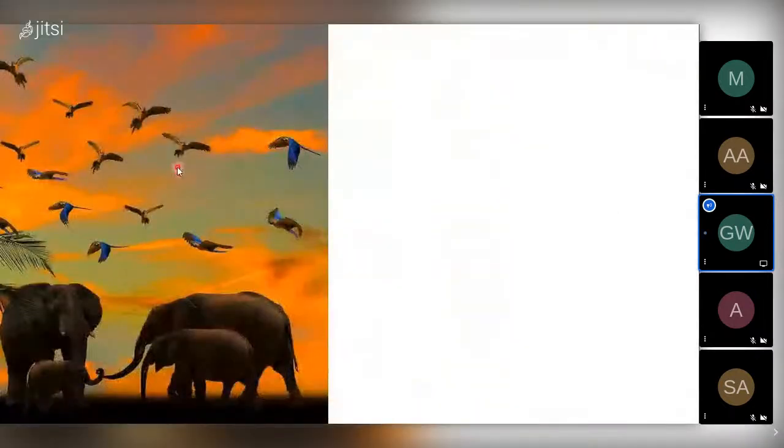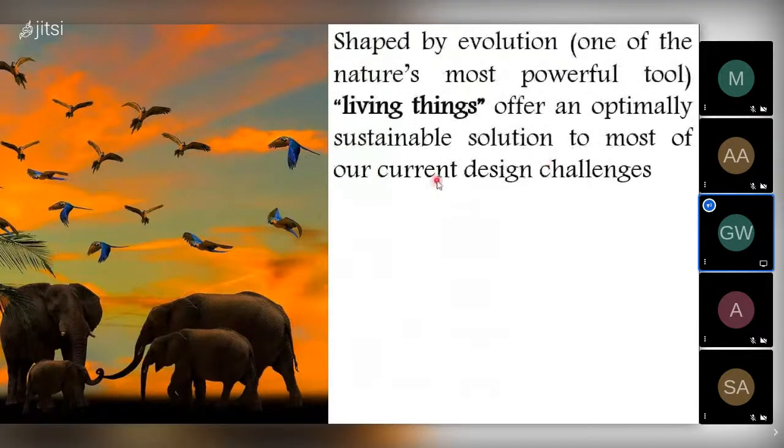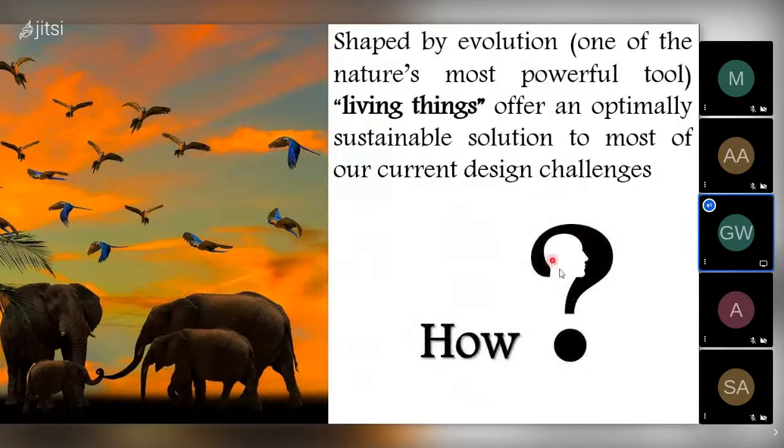These biological features specific to a species are hereditary, and they can serve as a great deal of inspiration for solving current design challenges. Now, how can we solve engineering problems through bio-inspired designs?